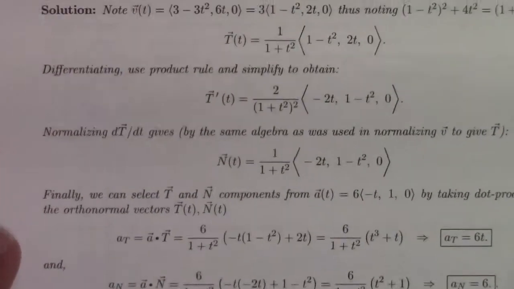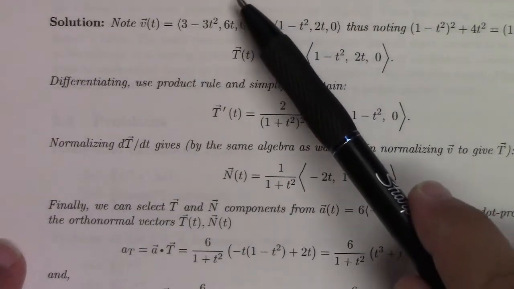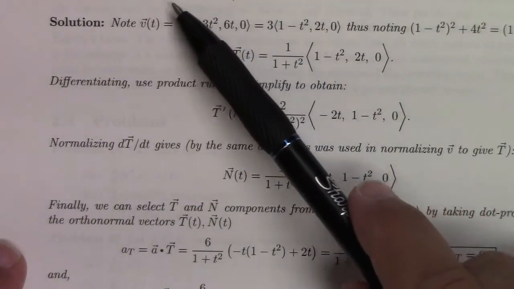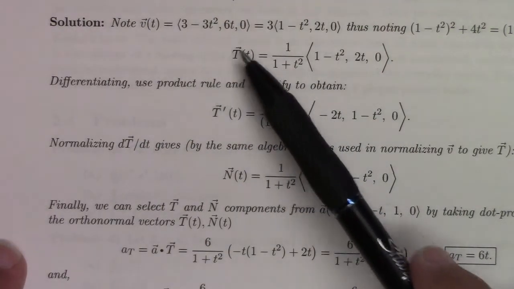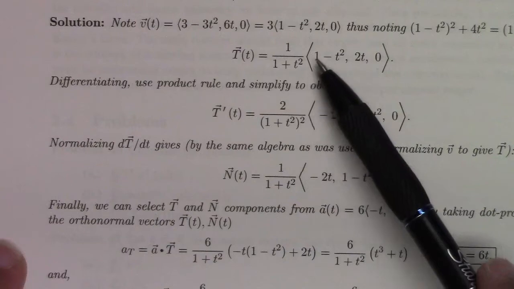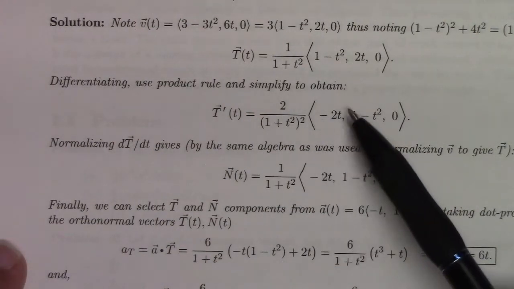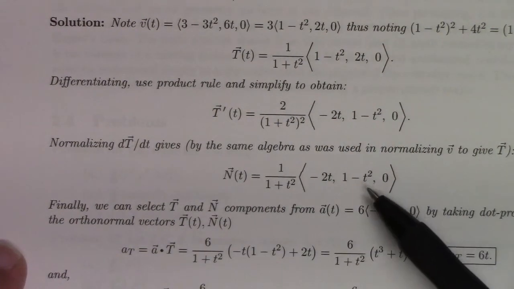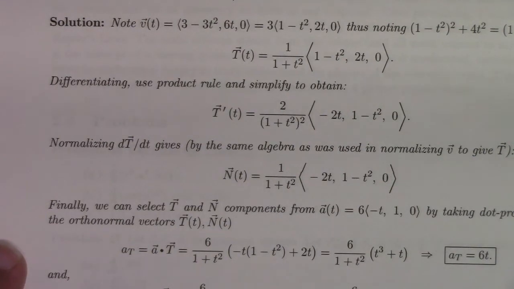This one here is a good example in the sense that I actually show you how to calculate tangential and normal components of the acceleration again. So I start with the position, I differentiate, get velocity, and then once I have velocity I can get the unit tangent, and then I can differentiate again to get T prime, and the magnitude of T prime, then I get the normal vector.